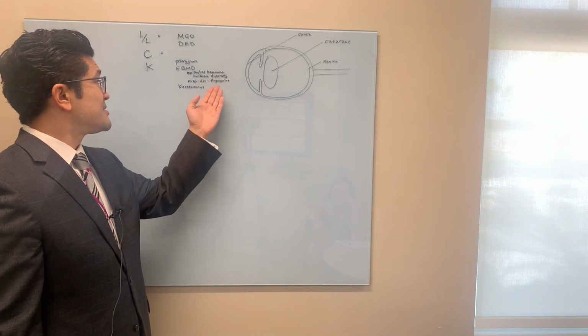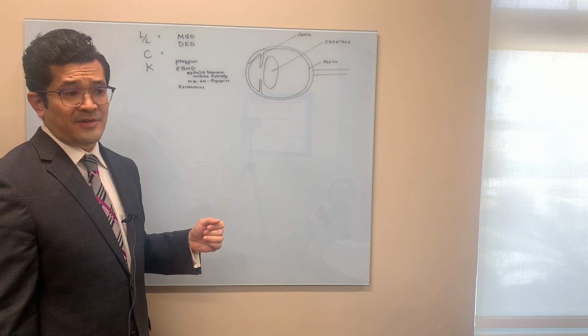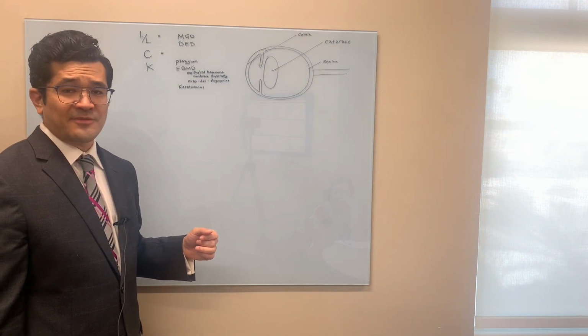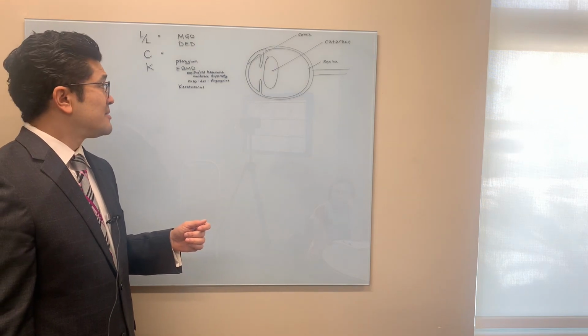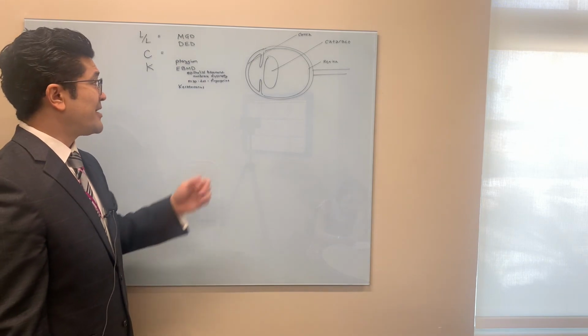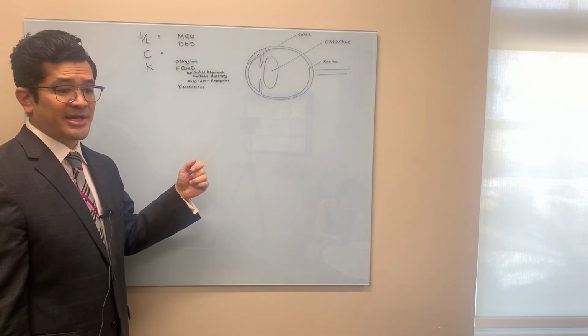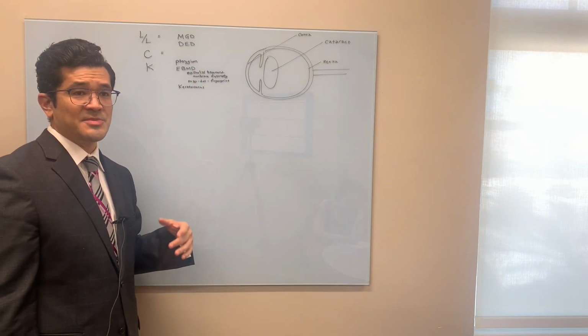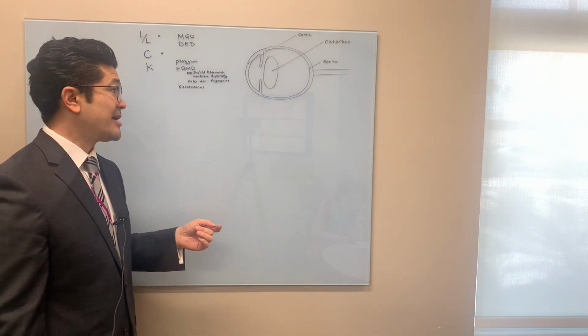And also, if there's more significant map dot fingerprint dystrophy, then they're poor candidates for multifocal lenses. They're also more likely to need glasses after surgery. In fact, for the really severe ones, we will do a superficial keratectomy to try to smooth the cornea out prior to cataract surgery.